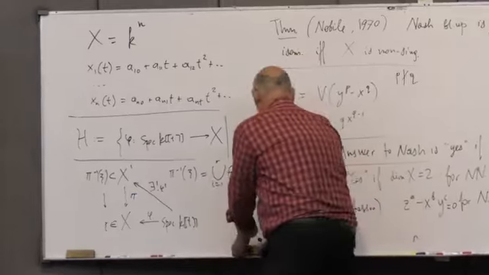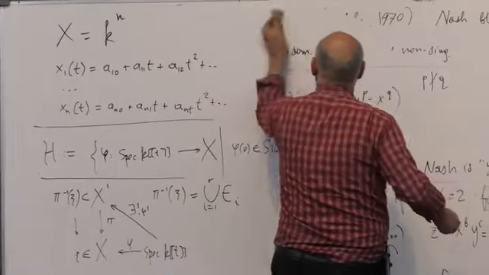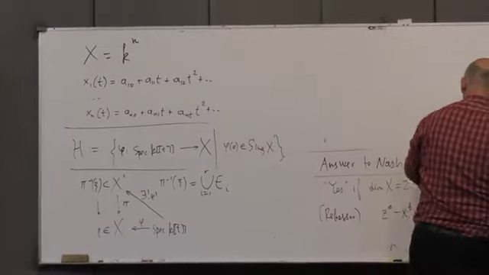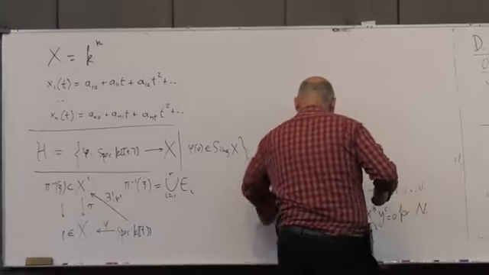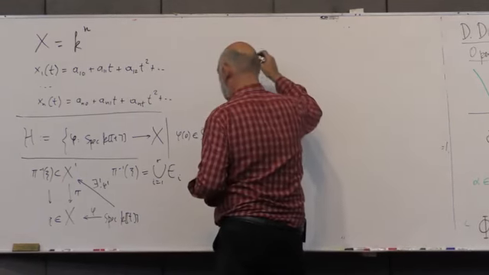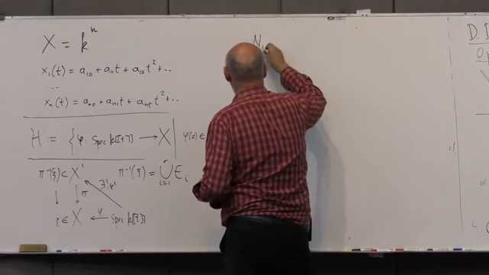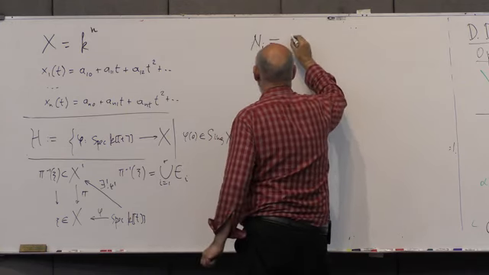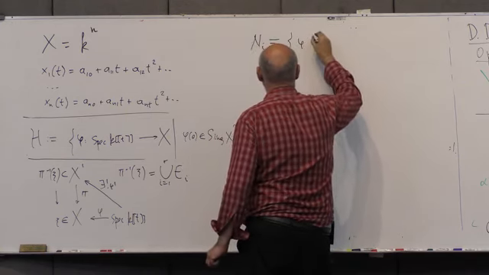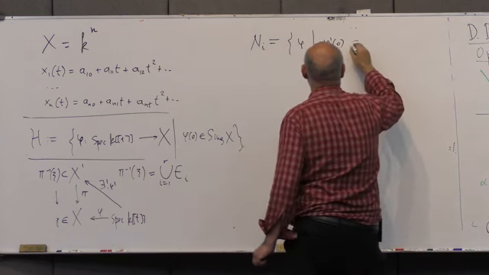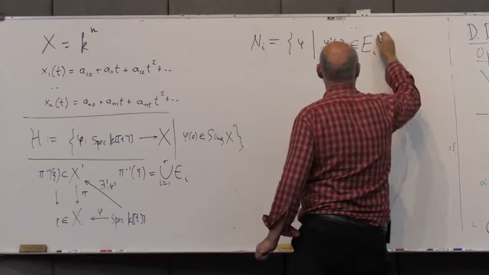And this allows us to write down a partition of Nash's space of arcs. Let N_i be the subset, or subvariety, of H of all those arcs phi such that phi prime of 0 lands on E_i.